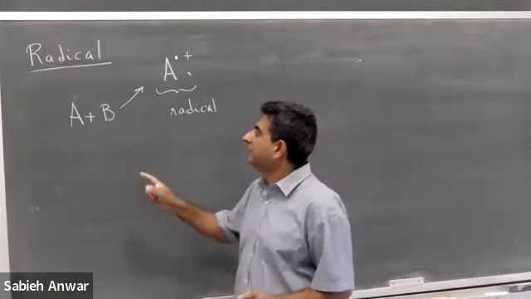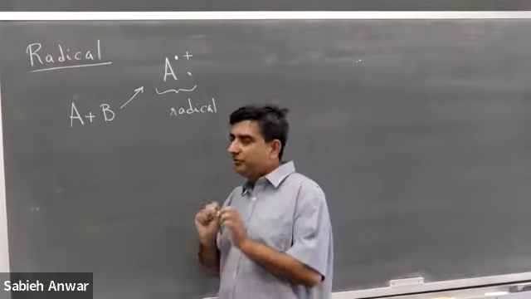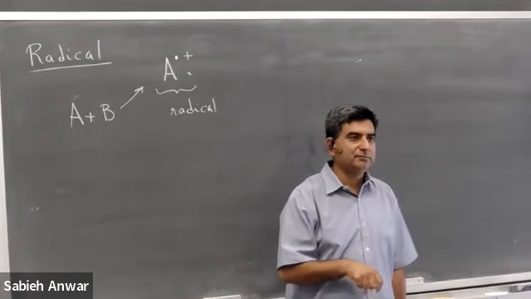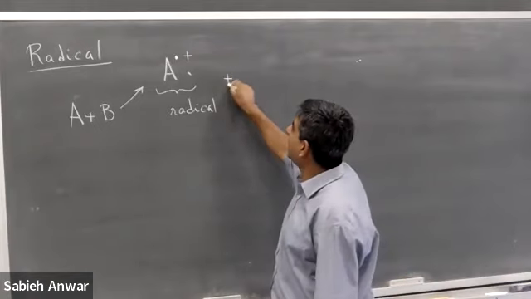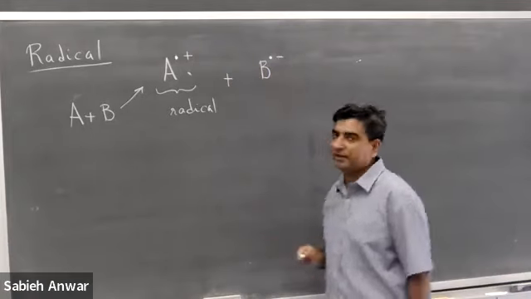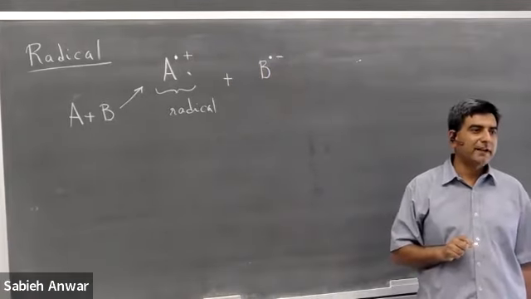And A donates its electron to B. So A will become a radical and B will also become a radical, a negatively charged radical. Correct?